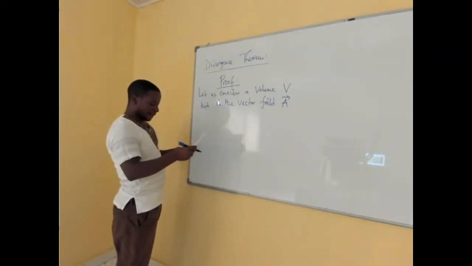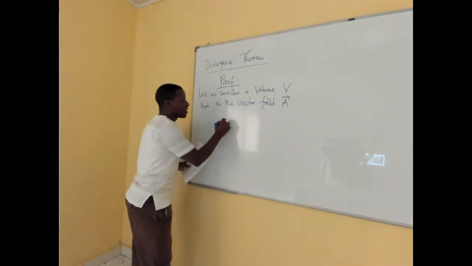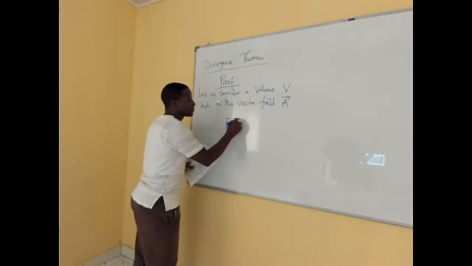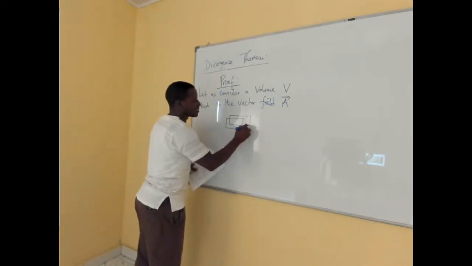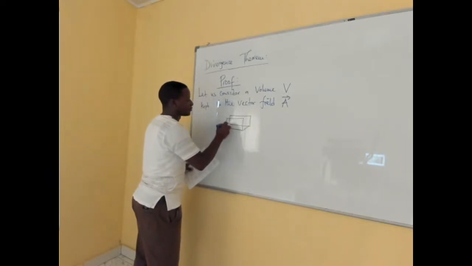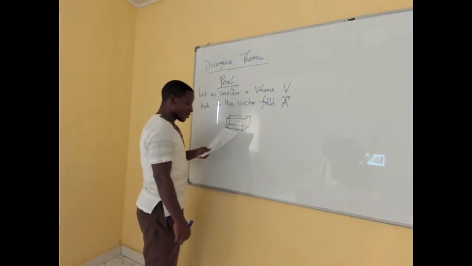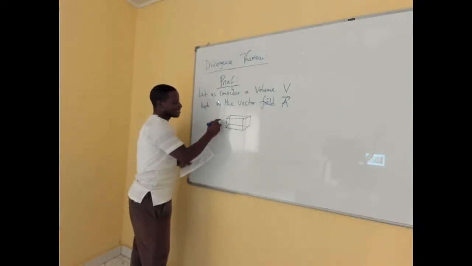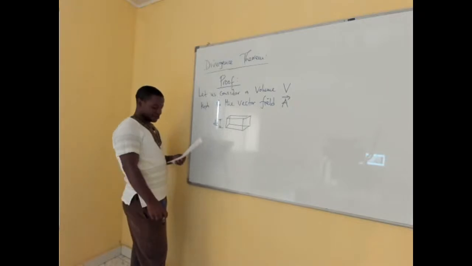The simplest way to do it is, we have our box which is here. That is our small volume. If you check this side, this is what gives you the Z, in the Z direction.